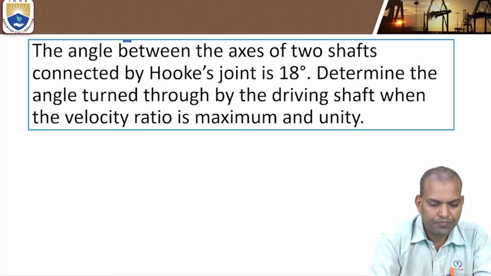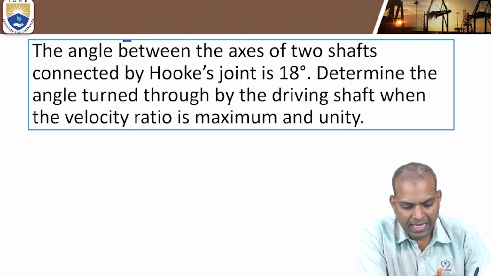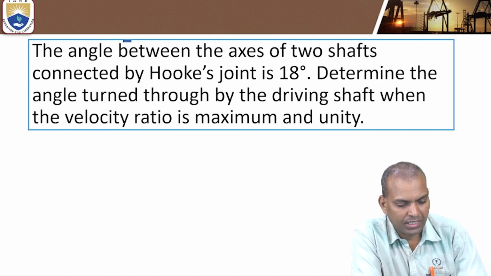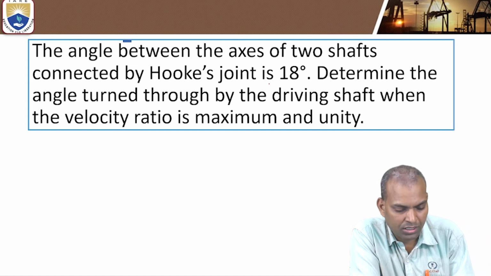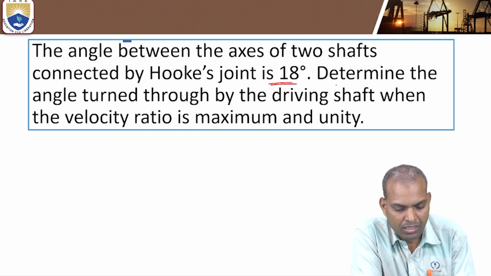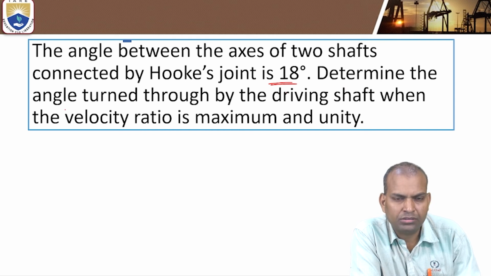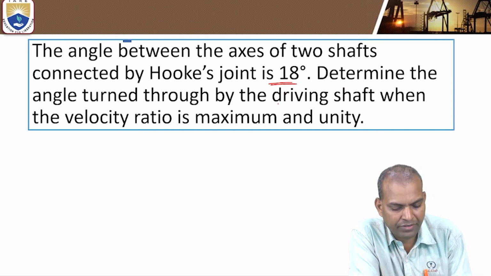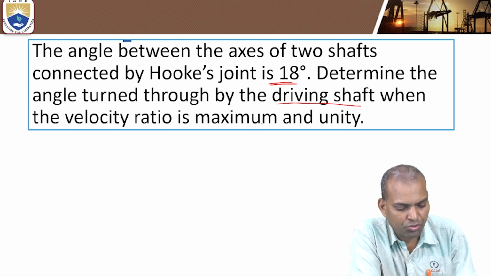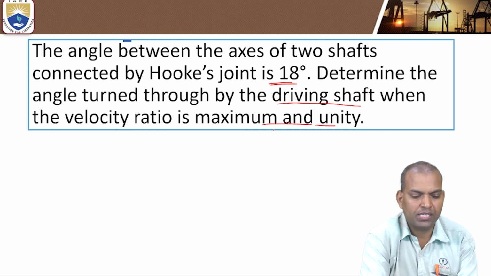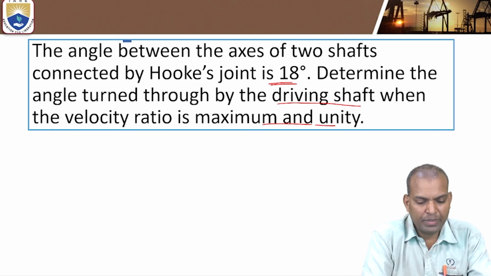Next problem: the angle between the axes of the two shafts connected by Hooke's joint is 18 degrees.